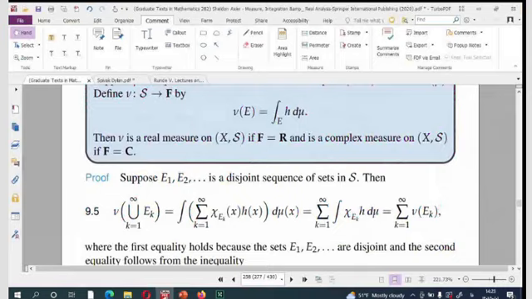So we see that mu of this union equals this integral.